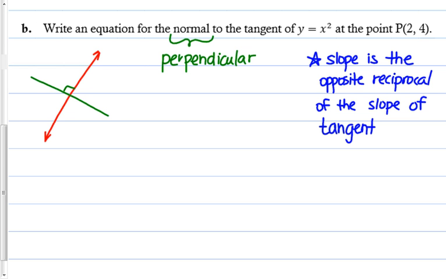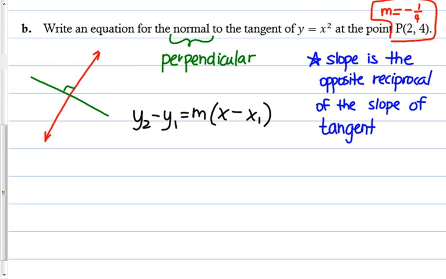So my slope that I'm going to use is going to be, instead of 4, which is positive, it's going to be negative. And instead of 4 over 1, it's going to be 1 over 4. So that's my slope, and that's my point. And that's all the information I need. Once again, I'm going to use the point slope form to write the equation because it is the friendliest version for this class.